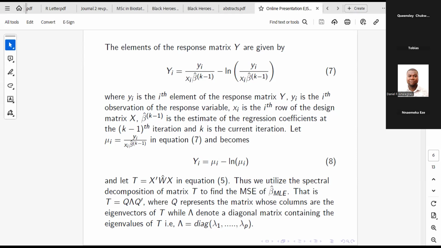Looking at its structure, we can have a spectral decomposition in terms of two matrices, Q and capital lambda, where Q represents the matrix whose columns are the eigenvectors of T, while capital lambda denotes a diagonal matrix containing the eigenvalues of T. So we have eigenvectors because we are in a multivariate case, and the eigenvalues are represented by lambda 1 up to P, since P would be our dimension.